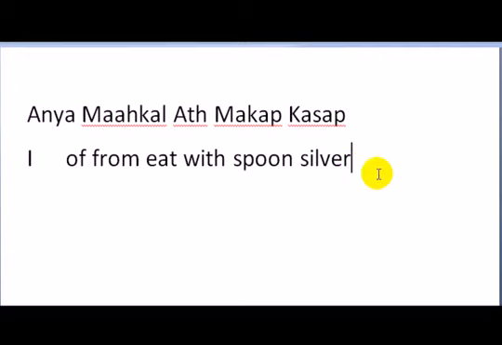Now if you want to put a gold spoon, all you would do is at the end of this you would put the word zahab, which is gold. Not that any of us eat with gold spoons now, but in the kingdom we will. Anya ma'akal ath makap kasap, which is I eat with spoon silver, or Anya ma'akal ath makap zahab, I eat with spoon gold.